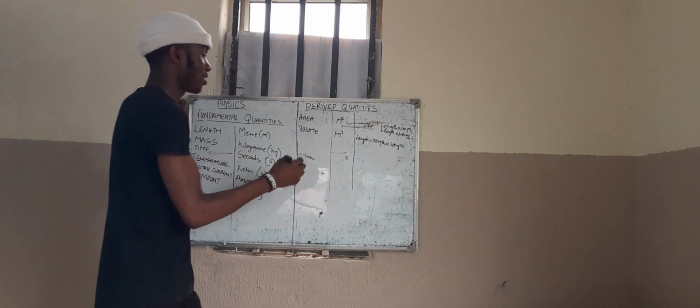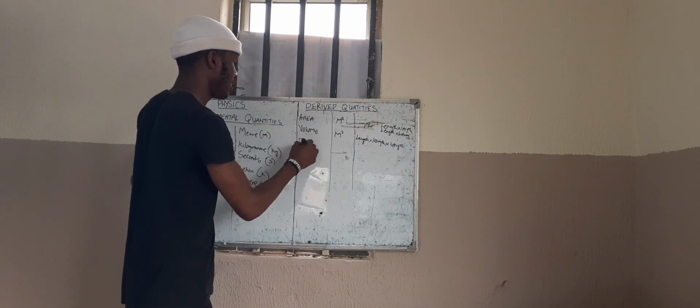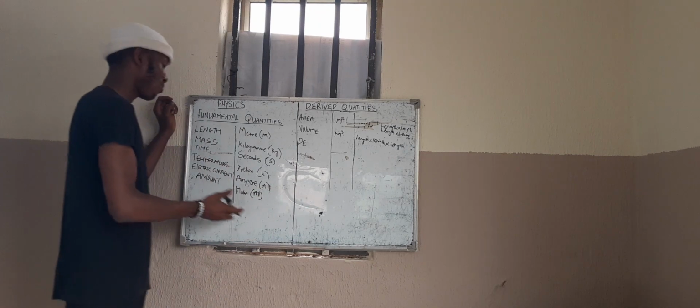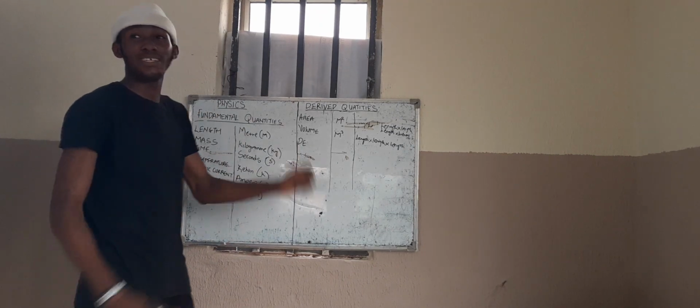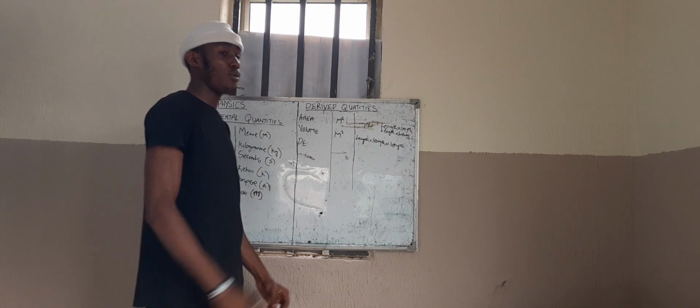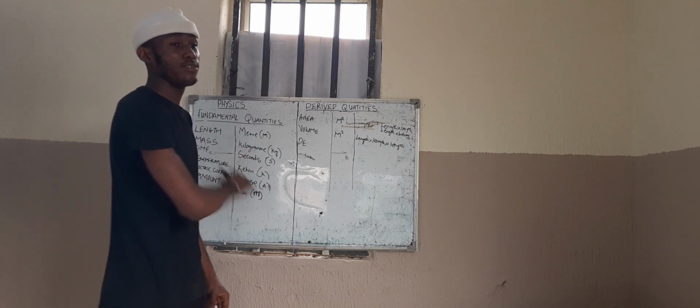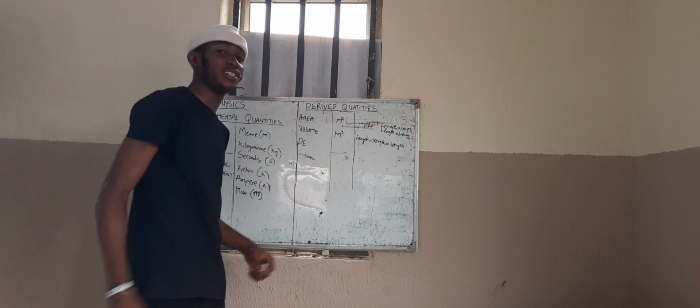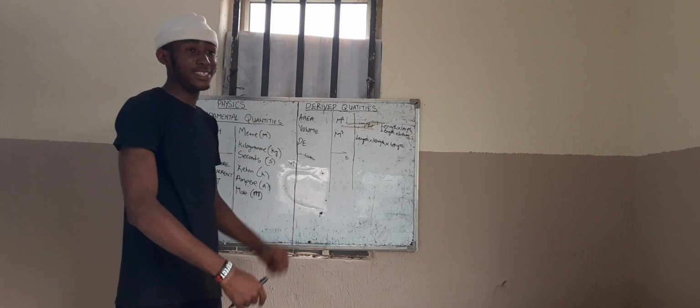Then let's look at density. Apart from all these here, every other quantity you might see in physics can be regarded as a derived quantity because you need to combine any of these or another derived quantity to get it.